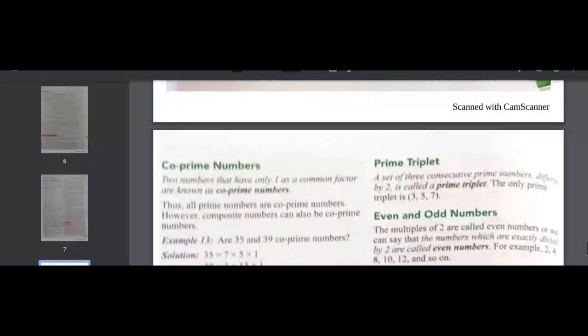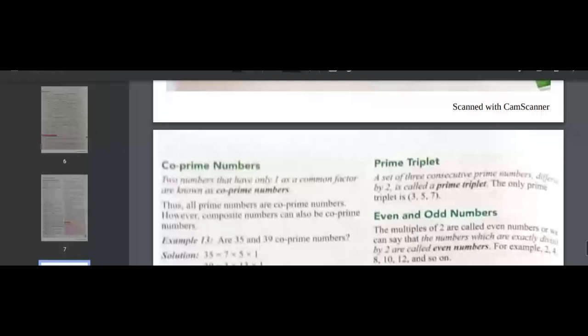Very good. Now we have to move to the next page, which is 32, co-prime numbers. So let's get through it. Two numbers that have only 1 as a common factor are known as co-prime numbers.